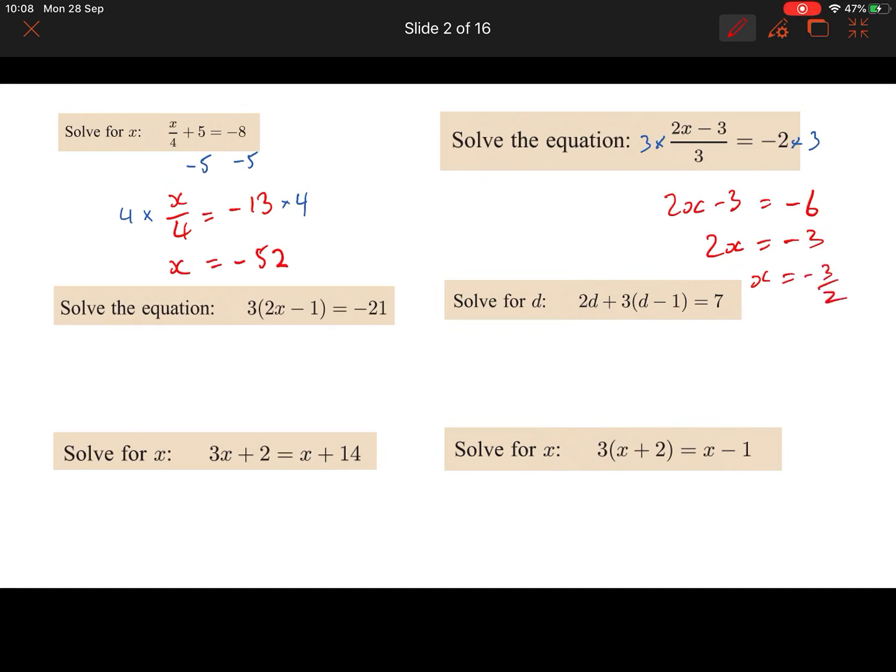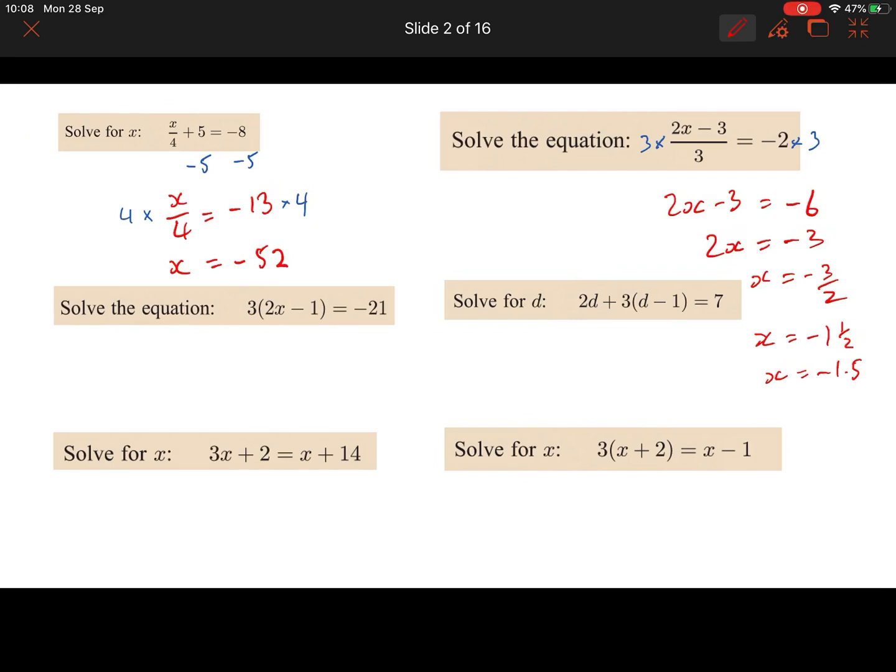So x is equal to minus 3 over 2. Now, unless the question says give your answer as a decimal, just leave your answer as a fraction. That's a perfectly adequate answer. If you really wanted to, you could say minus 1.5, or if it did say decimals, minus 1.5.